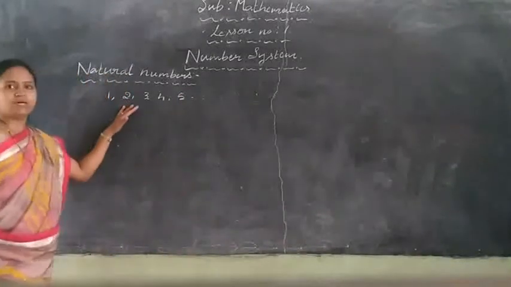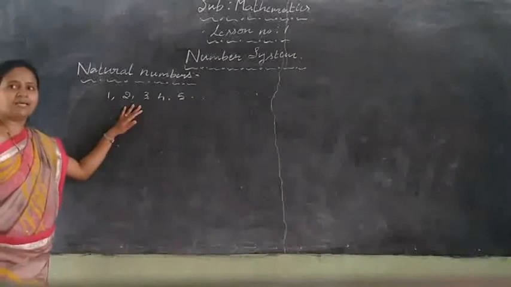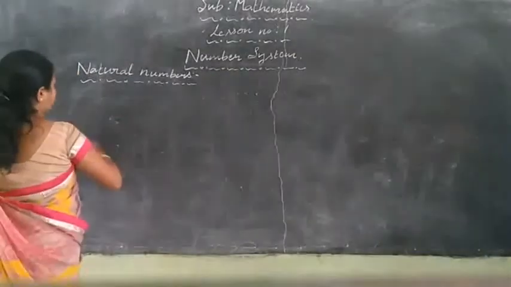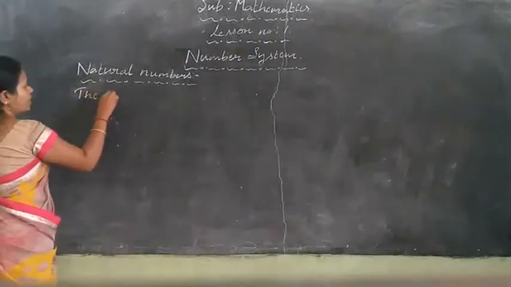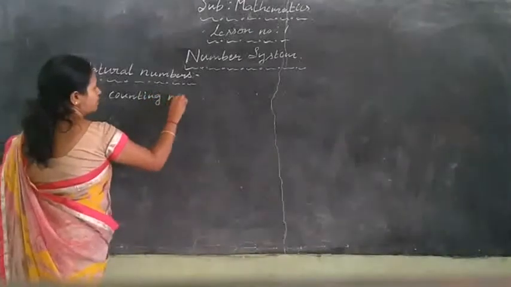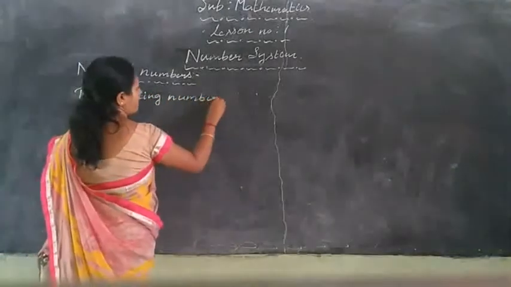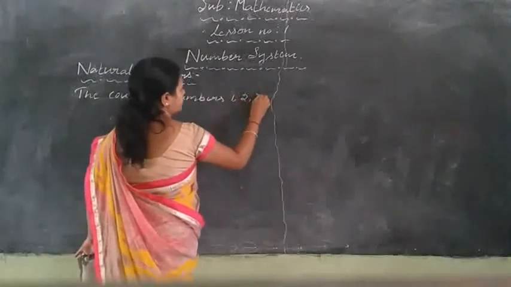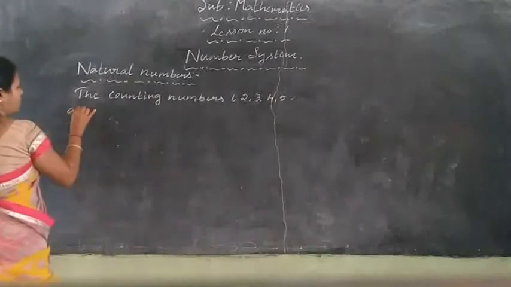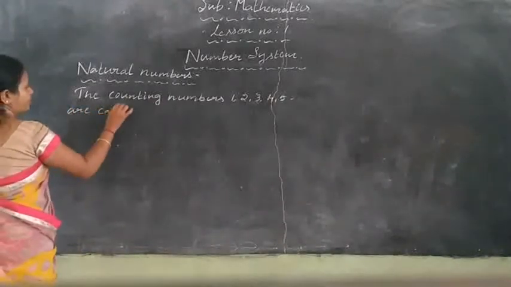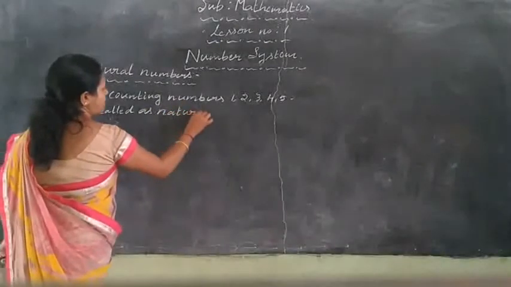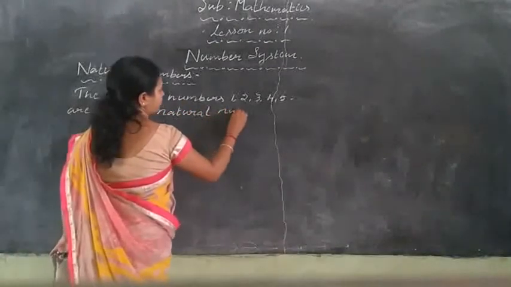So the counting numbers 1, 2, 3, 4, 5 are called as natural numbers.